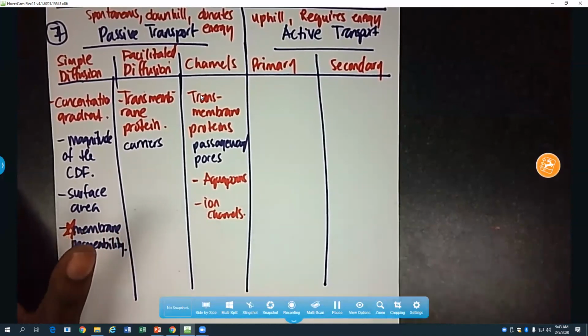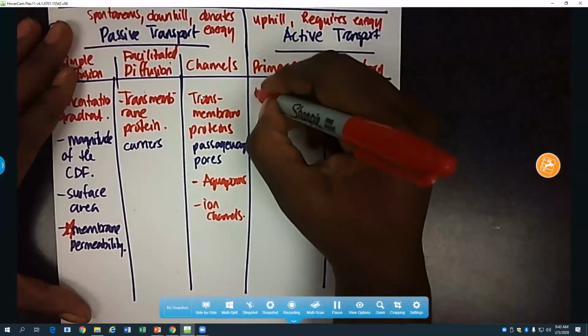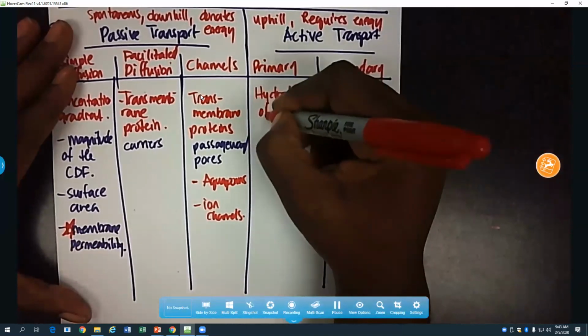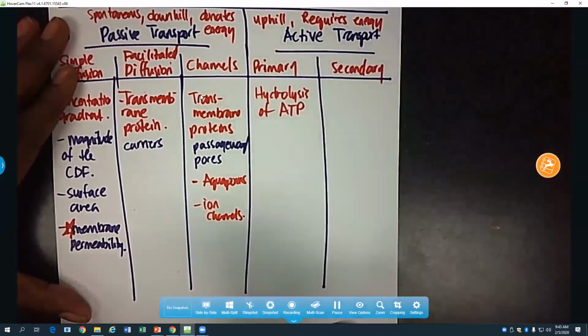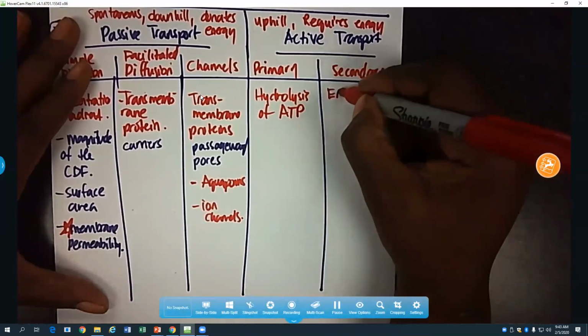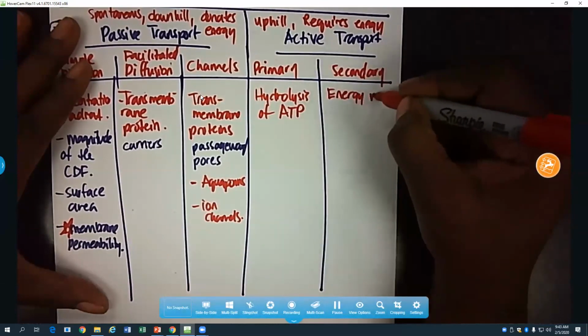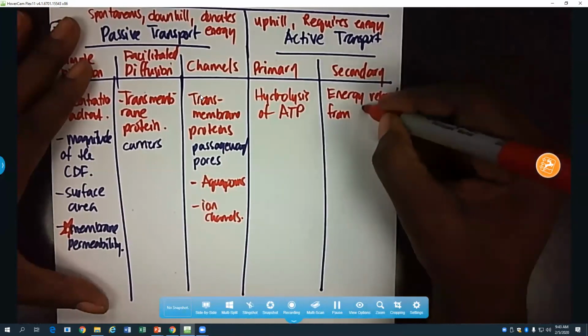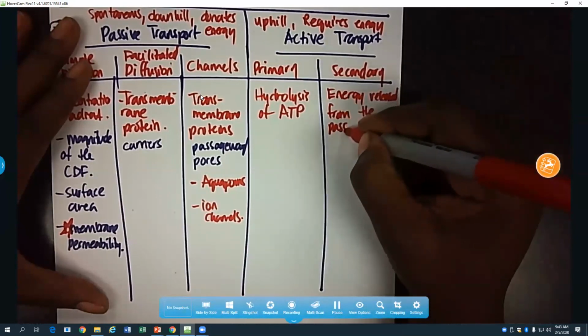Yeah, excellent, perfect. So primary requires the hydrolysis of ATP. That was the source of that energy. Whereas secondary used energy released from the passive movement of another molecule.